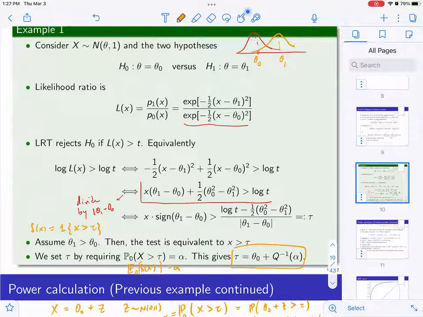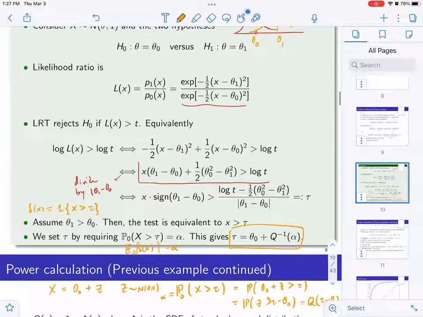What if theta 1 is equal to theta naught? Yeah, there's no problem there because you're testing whether theta is equal to theta naught or theta is equal to theta naught. There's no hypothesis testing there anymore. So this just completely answers this question.